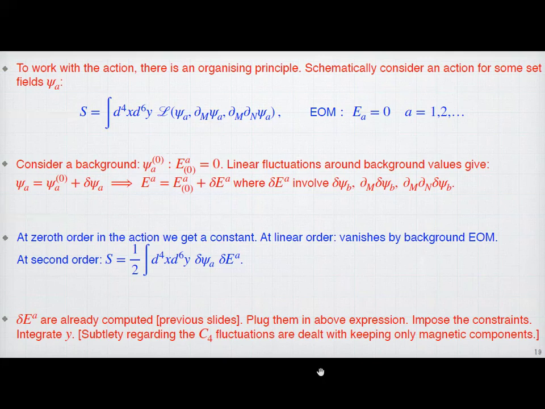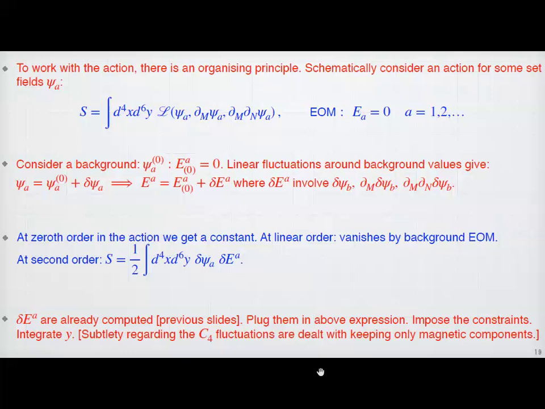Okay. So if we consider a classical background, they satisfy the equations of motion. And if you now take linear fluctuations around the background values, whatever the functional relation was, they will also acquire some fluctuations. And they depend on the fluctuation in the fields and their derivatives.